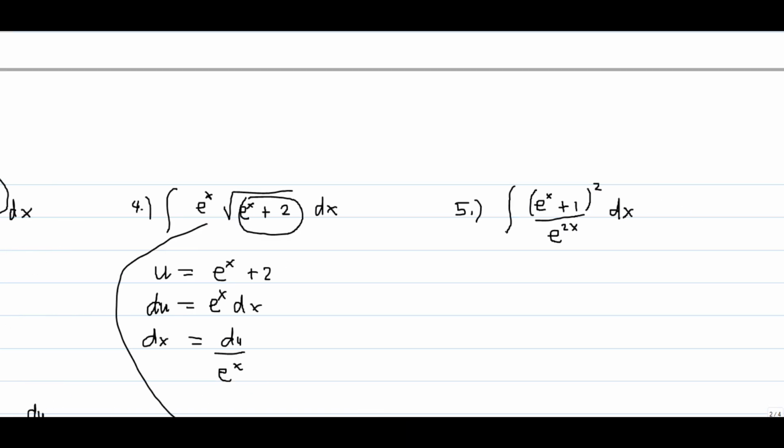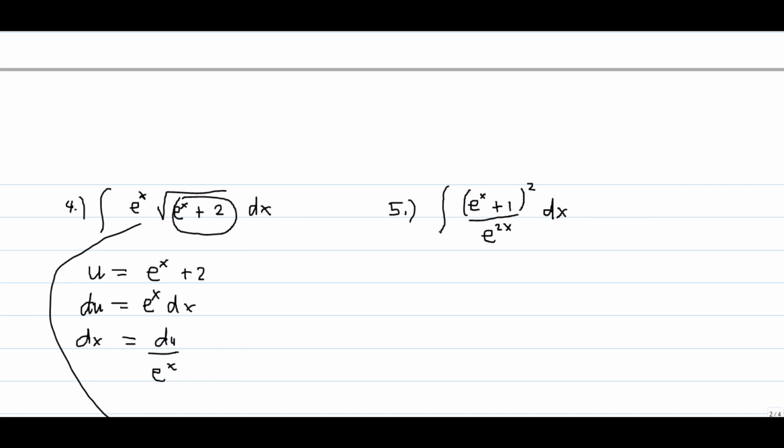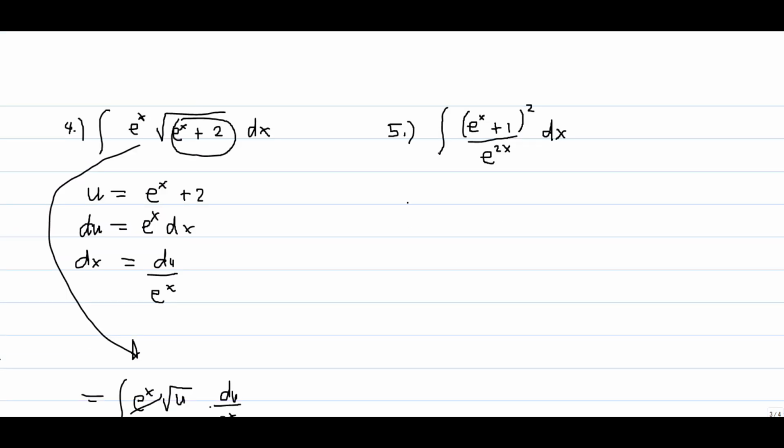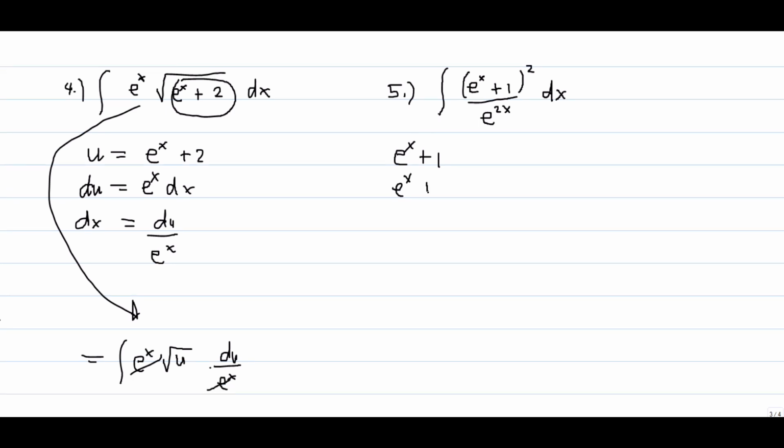So next, problem number 5. What is the equivalent integral or antiderivative of the quantity e to the power x plus 1, squared, over e to the power 2x dx? Take note that e to the power x plus 1 times e to the power x plus 1.